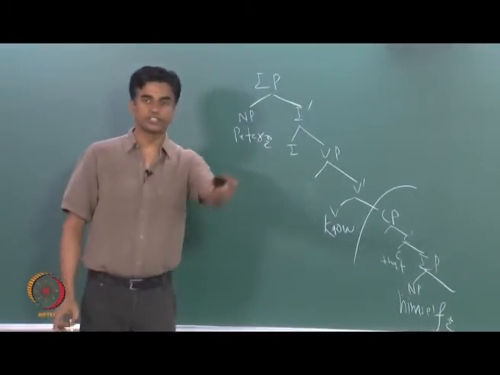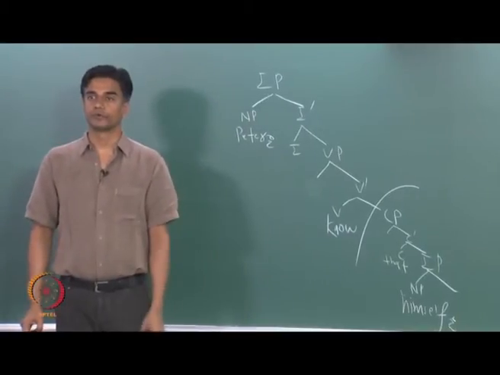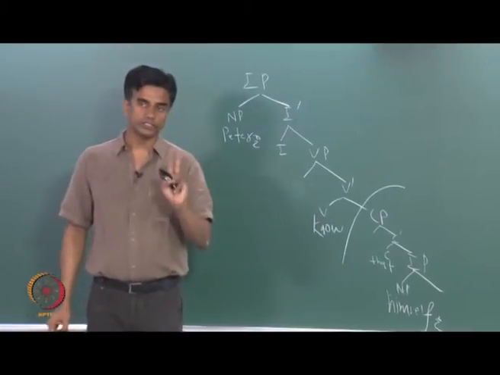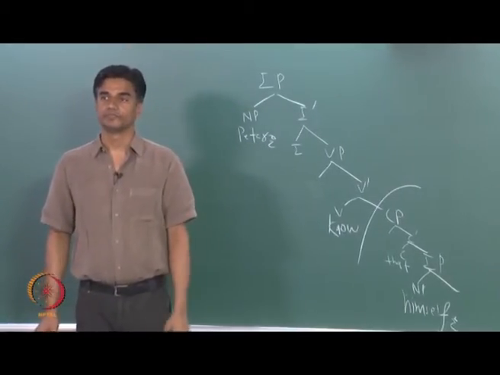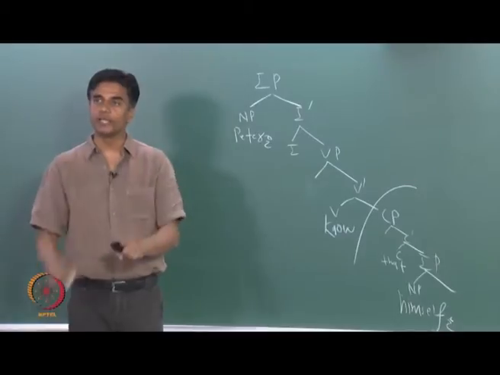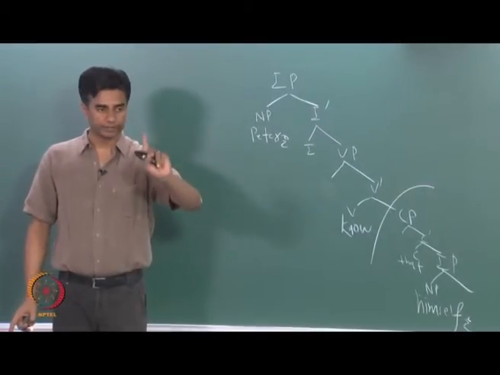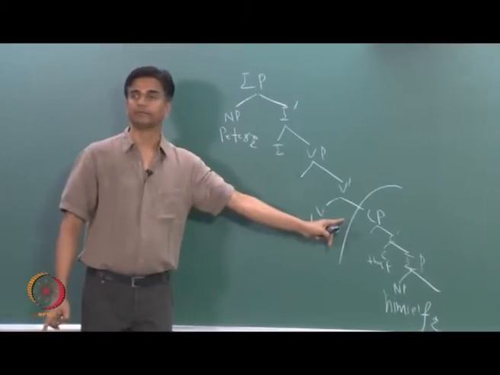The two conditions that we are talking about for binding are good. But we need to say one more thing. That is the binding domain. These are the two conditions for binding, but the binding domain is within the IP.